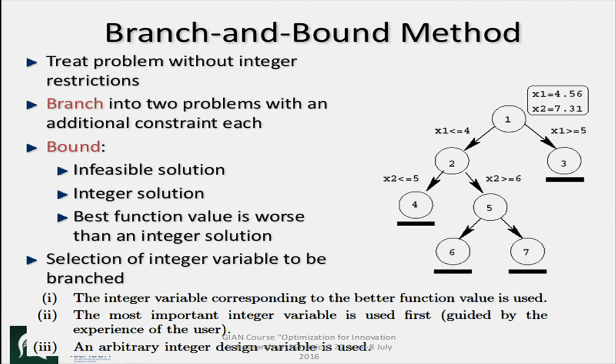No. So every feasible solution with the integer restriction is included. So I can do that. I can split it. So I have not left out anything. If I had left out anything, then optima could have been there and the whole process will be erroneous, right? But I have not left out anything. So that's a good sign.